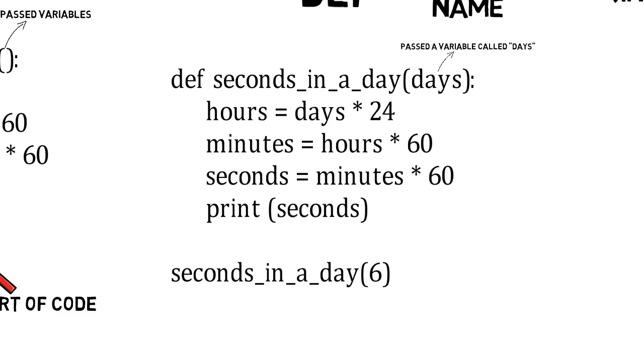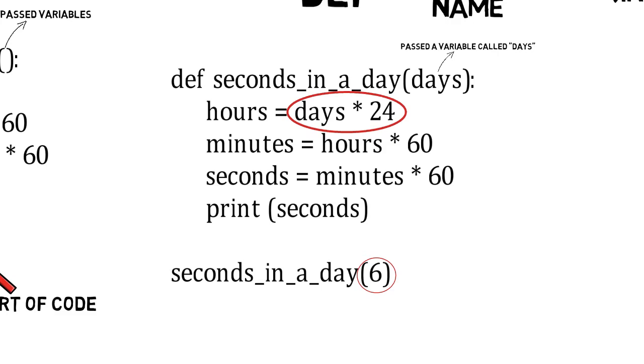The only change to our code is that our hours are now going to be the new variable days multiplied by 24. Finally, when we call our function, we need to make sure to pass it a value in the brackets for it to use for the number of days. This code will now print the number of seconds in 6 days instead of just 1.